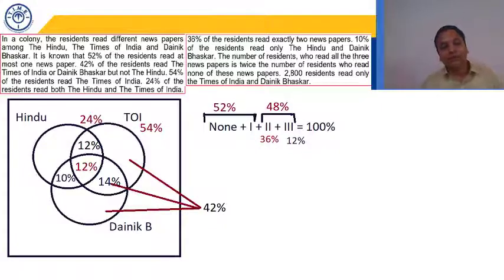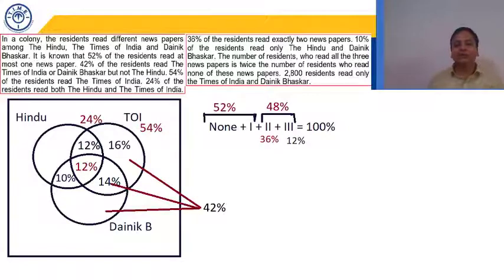Before reading further, Times of India total is 54%, out of which 24% goes to Hindu and Times of India. So 54 minus 24 is 30%. Now 14%, what should we add to 14% to add up to 30%? What comes here is 16%.